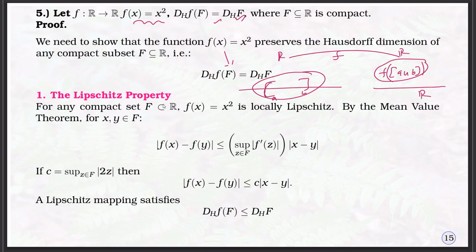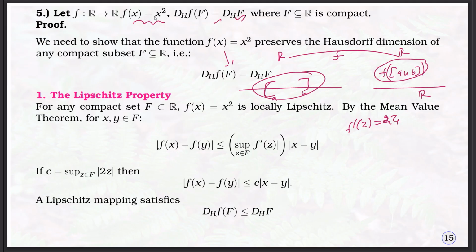By the mean value theorem, for any x comma y belongs to E, modulus of f of x minus f of y is less than or equal to C times modulus of x minus y, where C equal to supremum of modulus of f dash of z, z belongs to E, where f dash of z one can get as 2 times z.